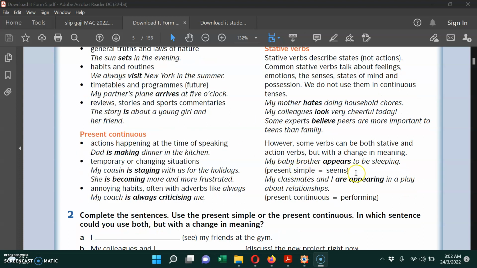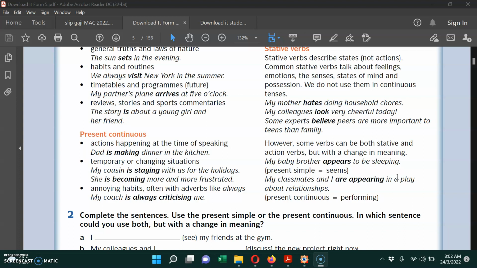Okay, however, some verbs can be both stative and action verb, but with a change in meaning. Walau bagaimanapun, kadang-kala sebahagian kata kerja boleh menjadi kata kerja statif ataupun kata kerja perbuatan, tetapi dengan maksud yang berbeza. Sebagai contoh, my baby brother appears to be sleeping.